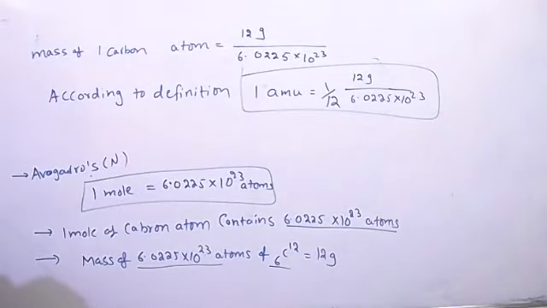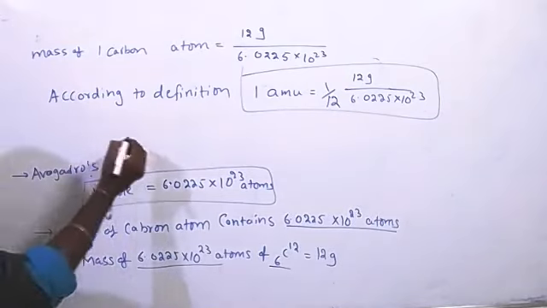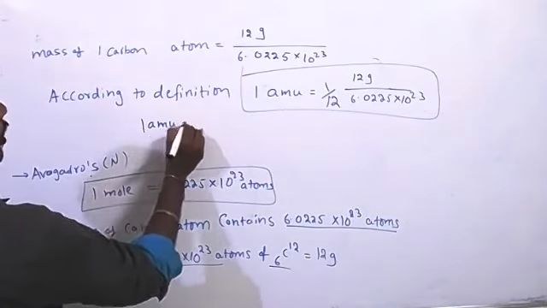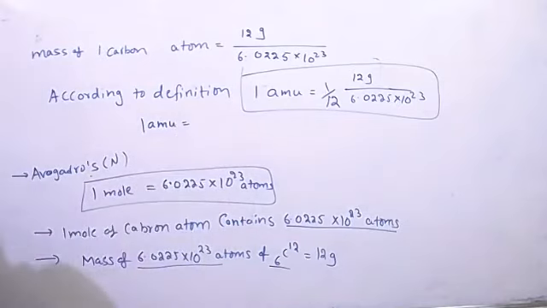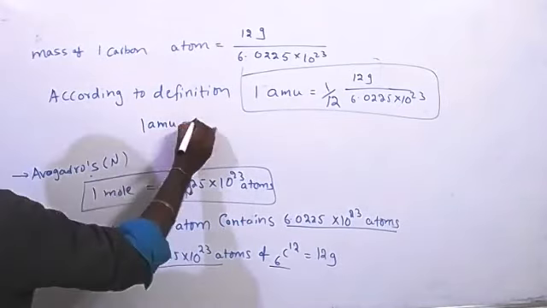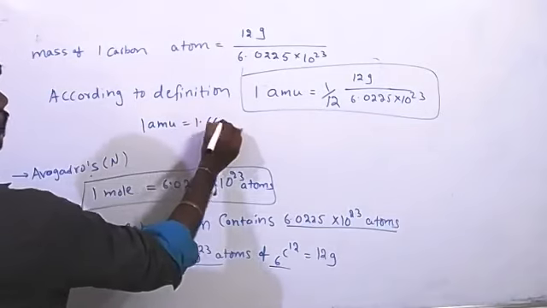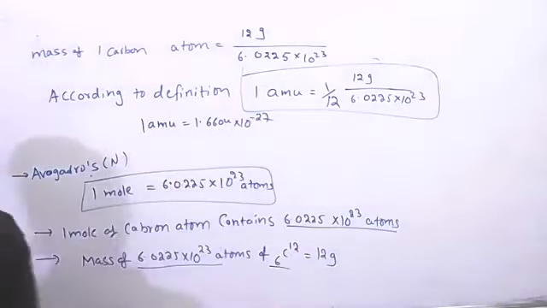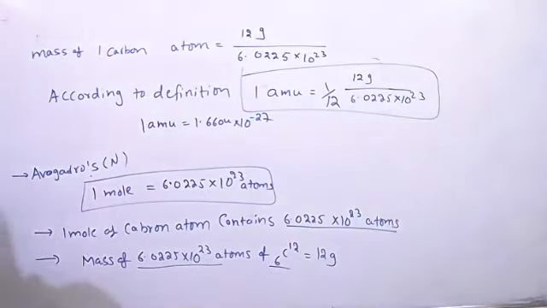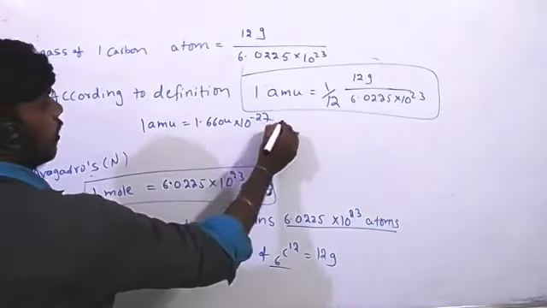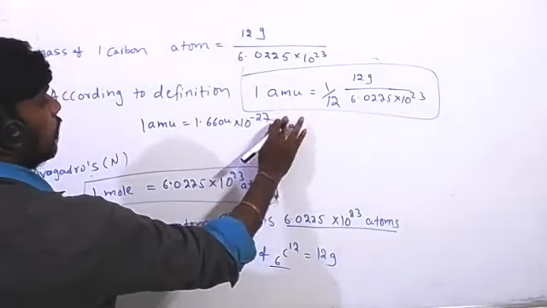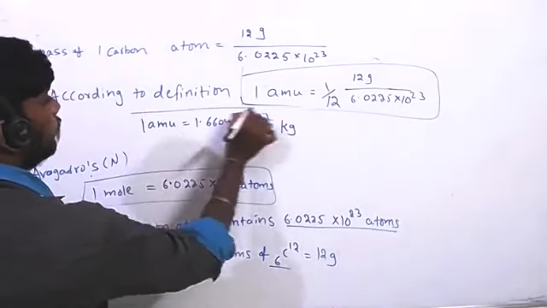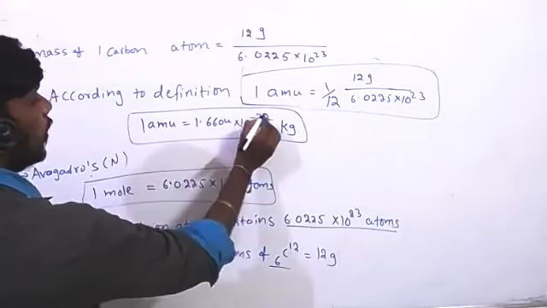If you solve that, you will get 1 AMU equal to 1.6604 into 10 to the power of minus 27 kg. This is what 1 AMU is. 1 AMU is this much.